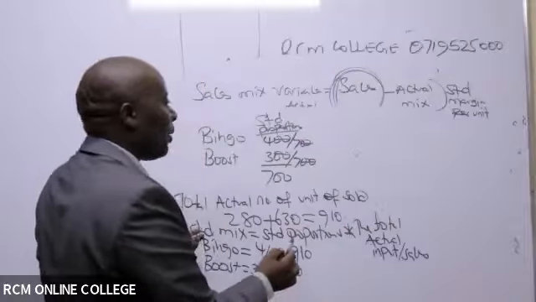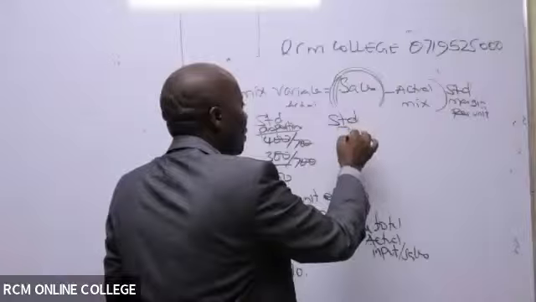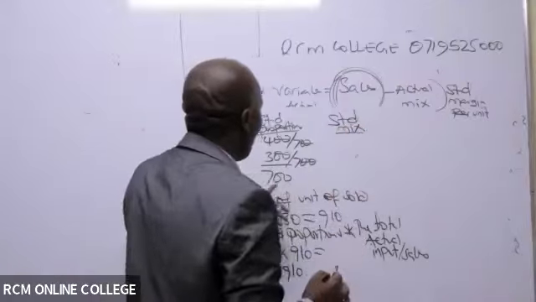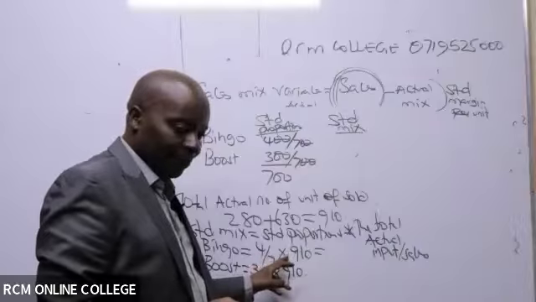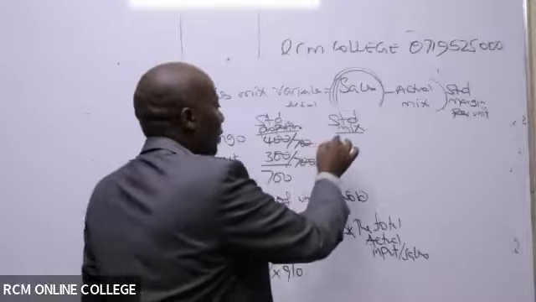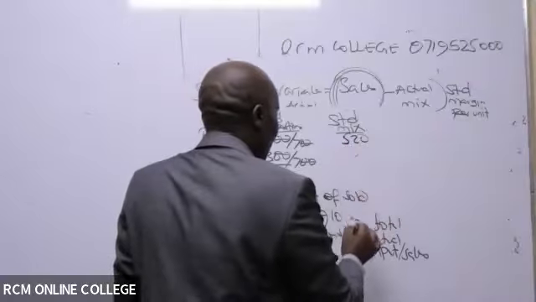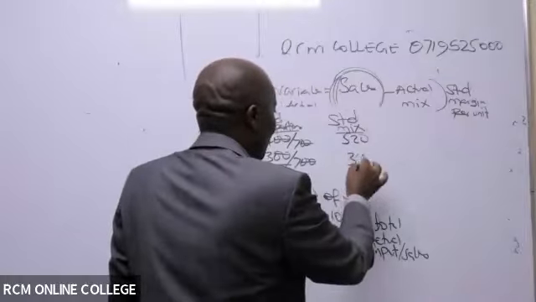This is what you get as the standard mixes for the two products. So for bingo, 4/7 times 910 is 520, and for boost it is 390. You can do this by the side.